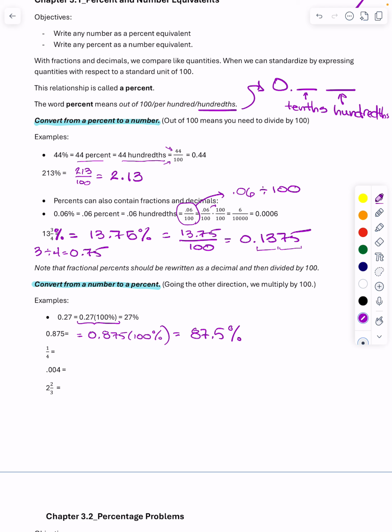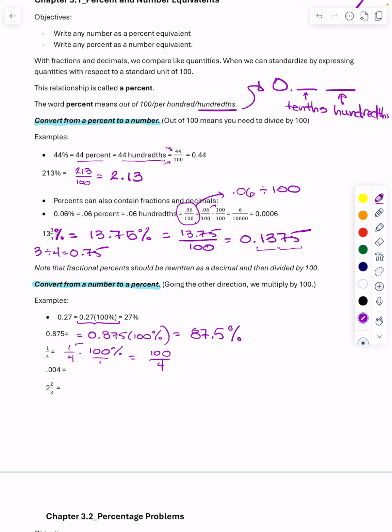Okay. I could do this with a fraction if we wanted. Let's see how this looks with the fraction. Some people like converting it to a decimal. You're going to get the same answer. What you have to remember is when we multiply a fraction by a whole number, we write that whole number over 1, and then we multiply straight across.